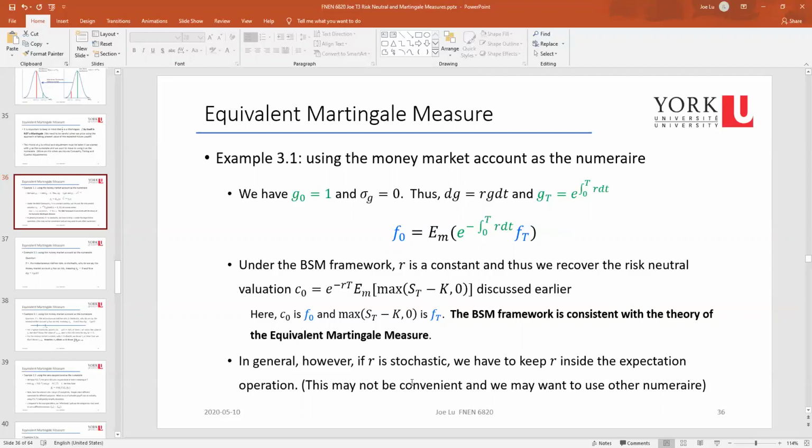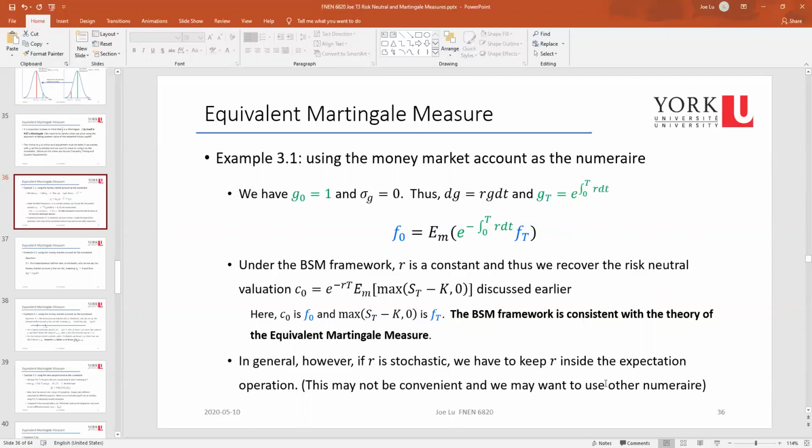Now I'm going to ask you a question. Under the Black-Scholes-Merton framework, the interest rate is constant, but in general, the risk-free rate can be stochastic. If that's the case, you can't bring it out; you have to keep it within the integral.